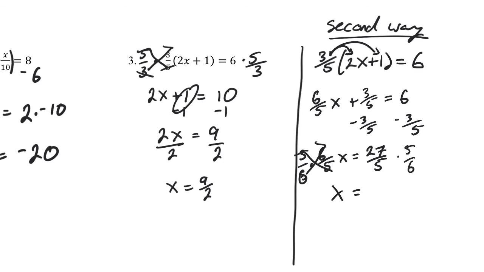And then we put those two fractions into our calculator as well: 27/5 times 5/6, and you want to make sure that you reduce as far as possible. That does reduce down to 9 halves. So we get the same answer either way. It's just looking at the right-hand side the second way, that's a lot messier than if we just got rid of our fraction to begin with by multiplying by the reciprocal.